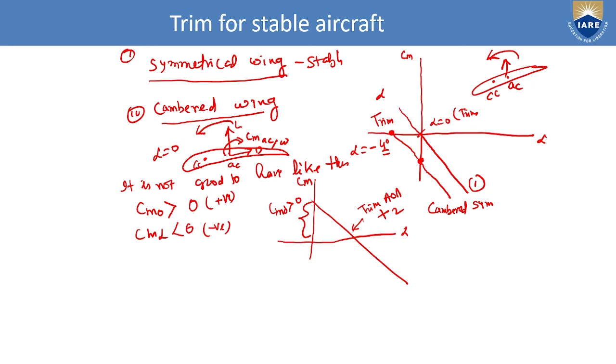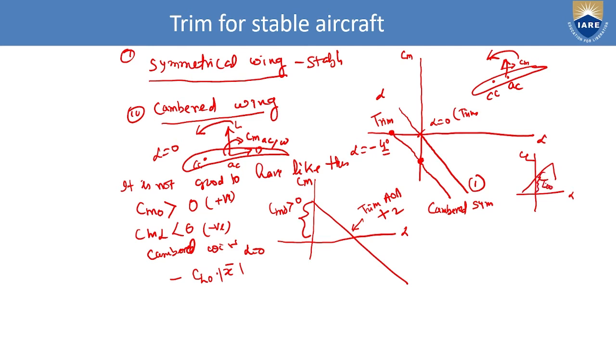So for the cambered airfoil, for the cambered wing, at alpha is equal to 0, we will have minus CL naught into X bar. You see here, what is this? This is the Cm, and if I draw here CL versus alpha, so this is CL naught.